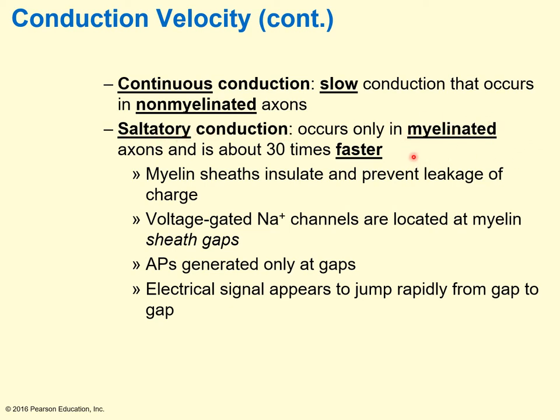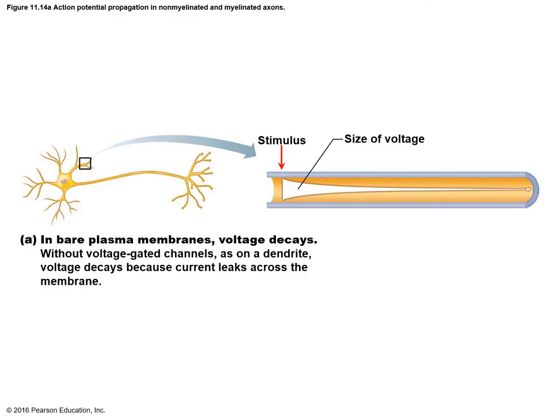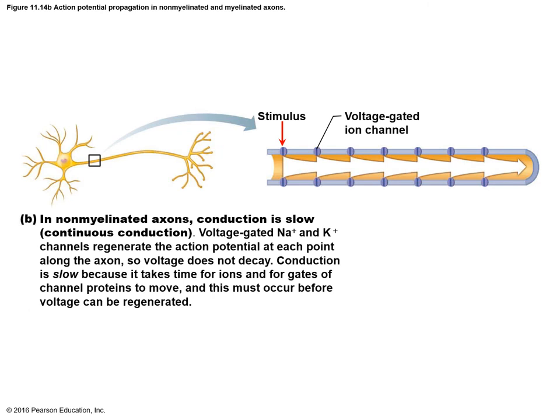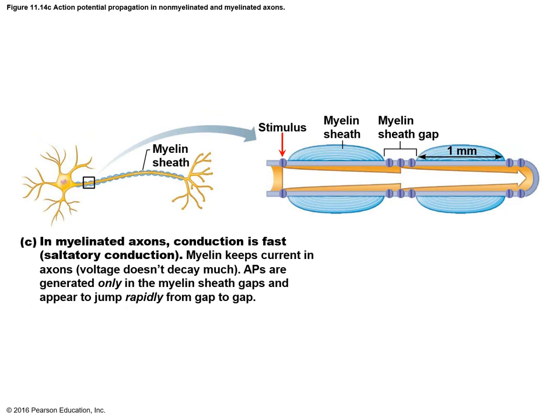As I said, it's much, much faster. Those myelin sheaths do insulate. They help prevent that charge from dissipating. And this is just showing how the stimulus can move with and without the myelin sheath on it. And here's now with the myelin sheath.